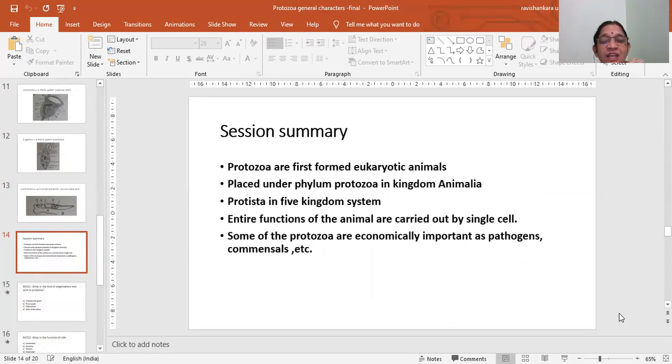In these protozoans, all the functions are carried out by a single cell. Some protozoa are also economically important because they cause pathological symptoms as parasites in the body of other animals.